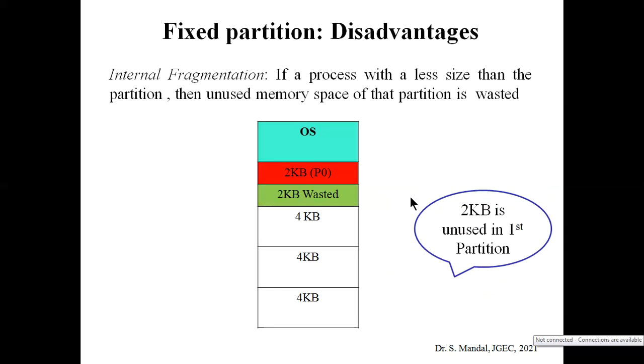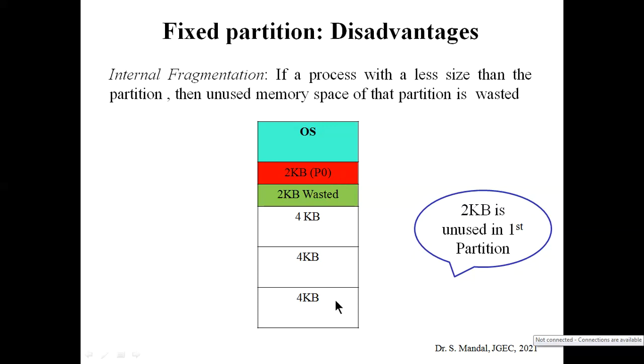Now let's see the different disadvantages of fixed partition. First, that is the internal fragmentation. Suppose we consider the first partition, that is P0, and the incoming process is P0, whose size is 2 kilobyte only.